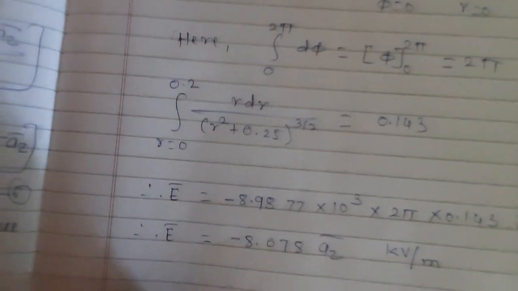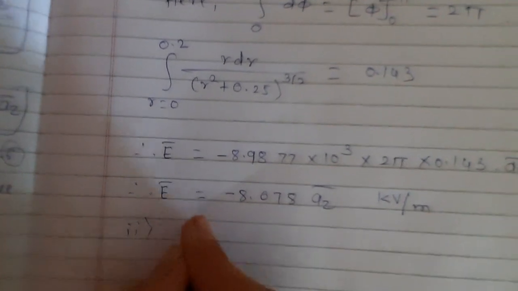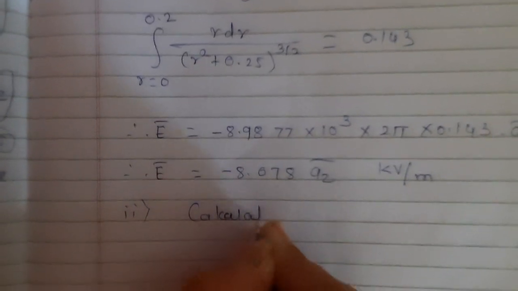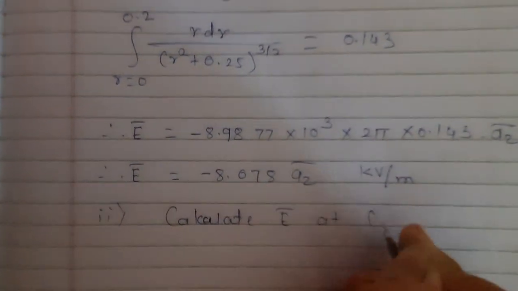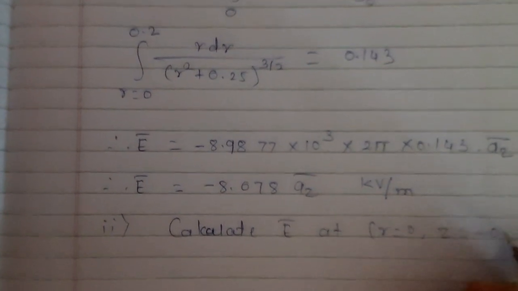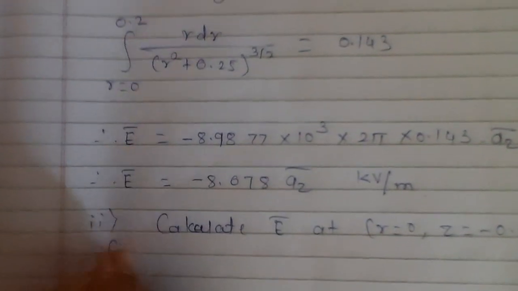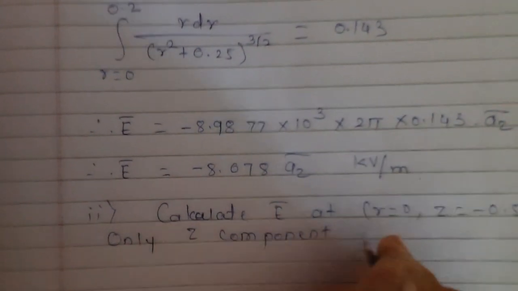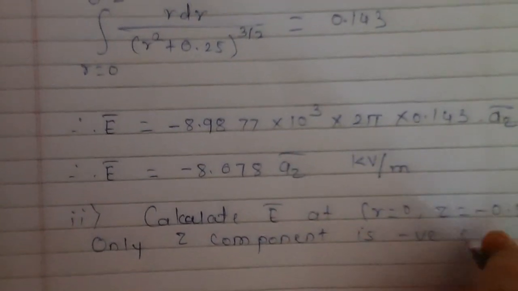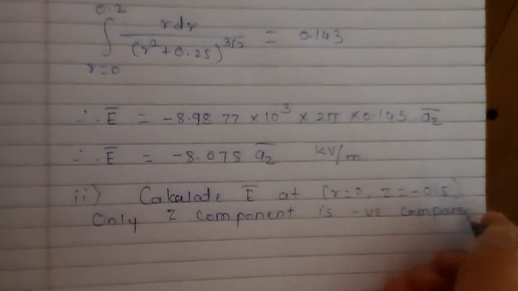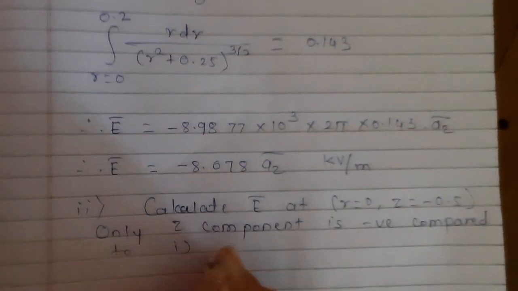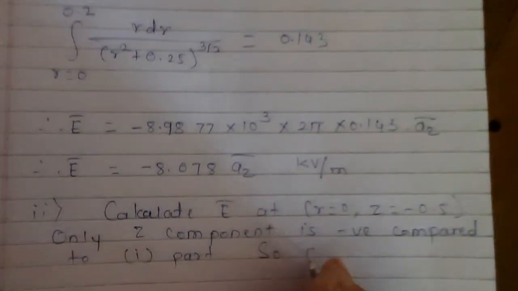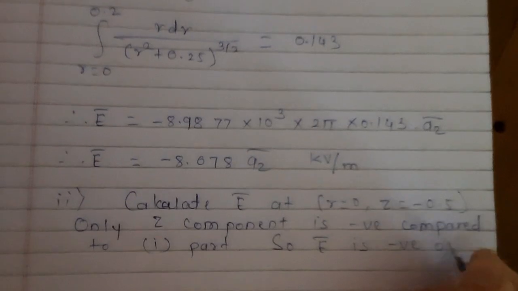Now the second part of the example is we have to calculate E bar at r is equal to 0 and z is equal to 0.5. Now we write here, only the z component is negative compared to the first part of the problem. So E bar is negative of the above answer.